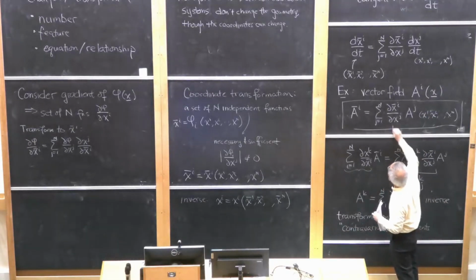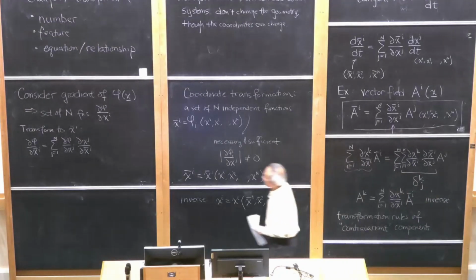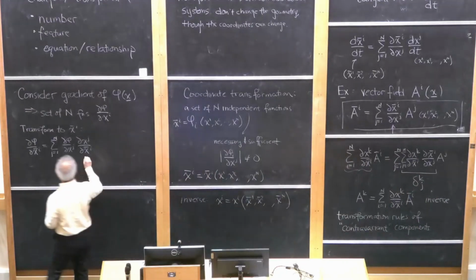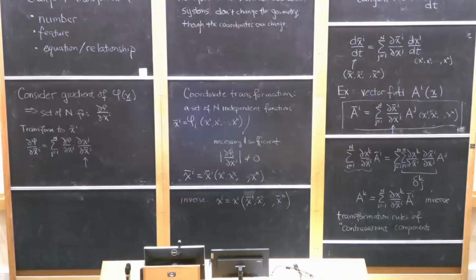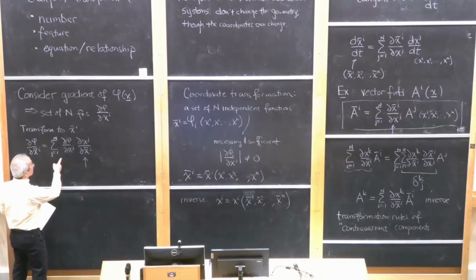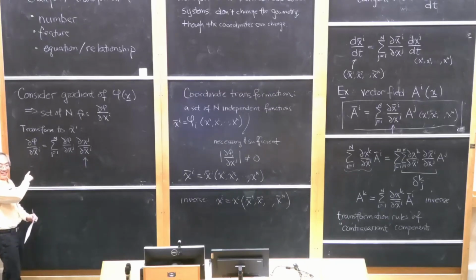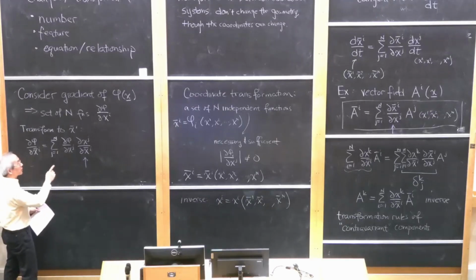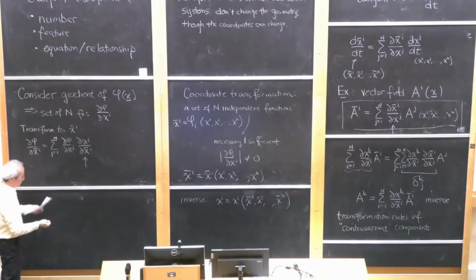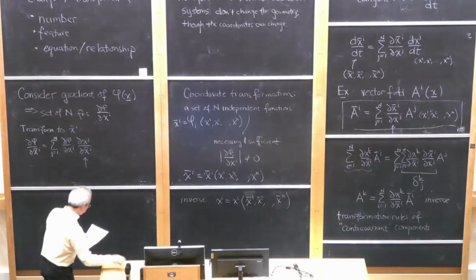That thing looks like it is turned upside down. This is actually just the inverse, except that you're still doing the same transformation from x to x bar, not the other way around, but you have the inverse partial derivative there.